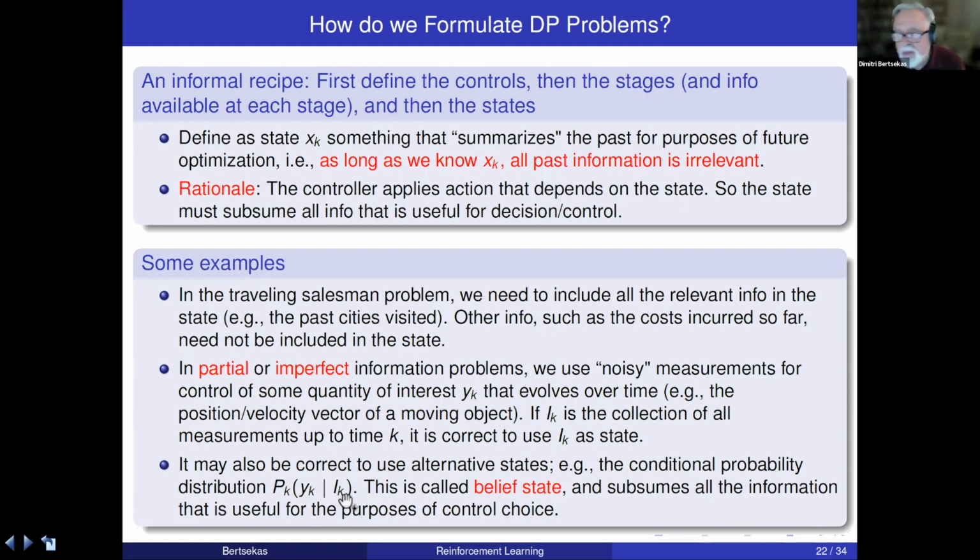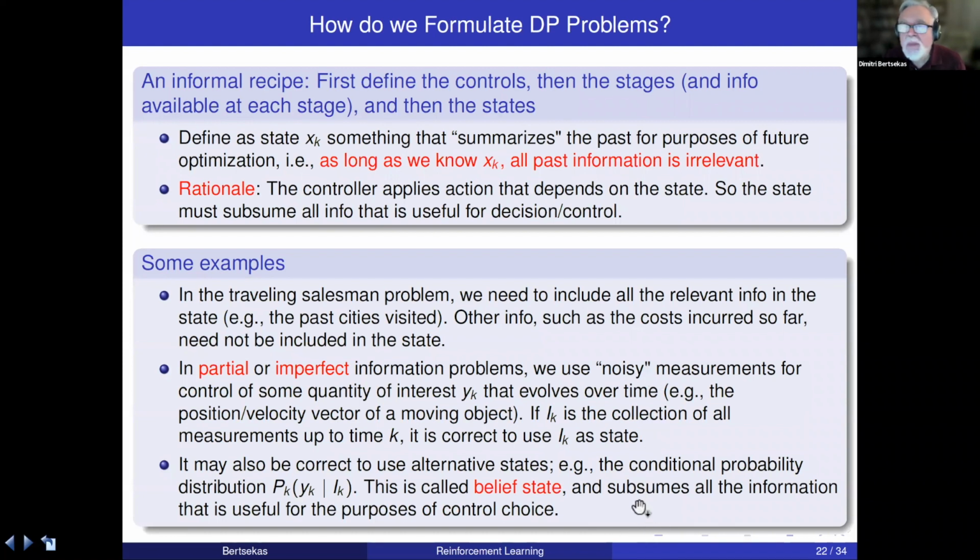We get measurements about it, and with an estimator, we can estimate the probability distribution of yk. Now, this is also, it turns out, a legitimate state. It's called belief state. These conditional probability distributions are called beliefs, and using this as state is called using belief states. And it turns out, with some proof that we're not going to give here, that it subsumes all the information that's useful for the purposes of control choice.